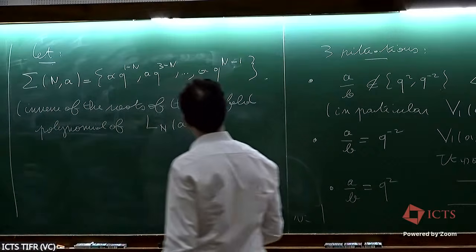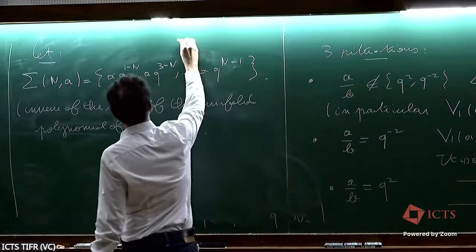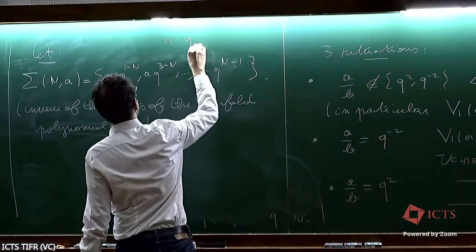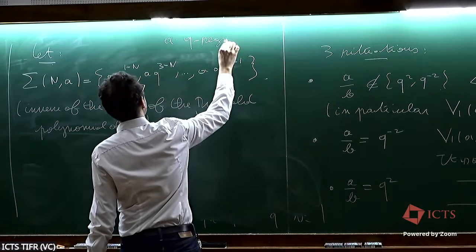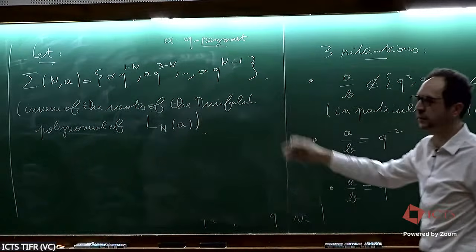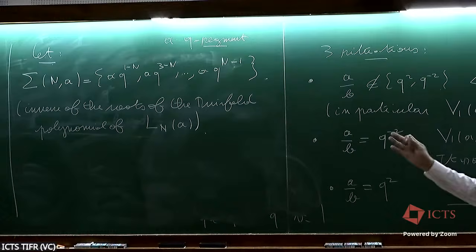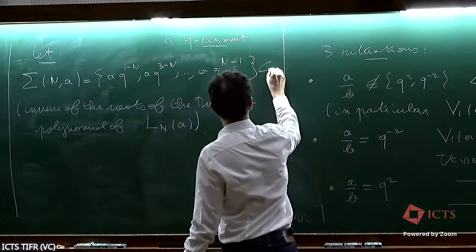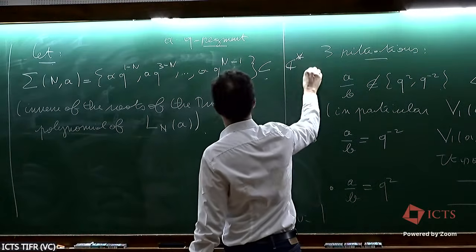And this is called a q-segment. So that's a finite subset of complex numbers with a specific form.